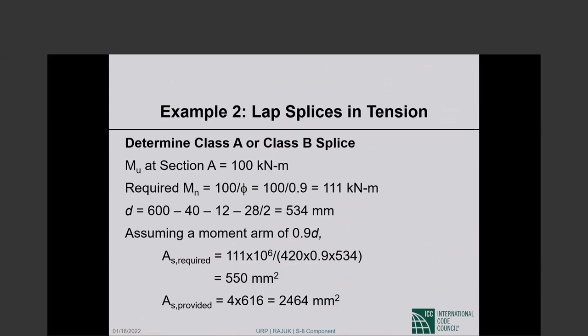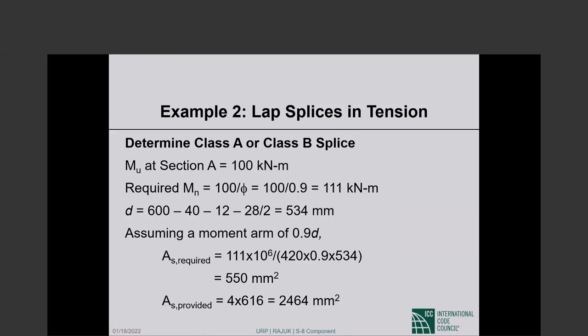The effective depth is we have 600 millimeters total depth minus 40 clear cover minus 12 the stirrup diameter minus half the bar diameter, that's 534.